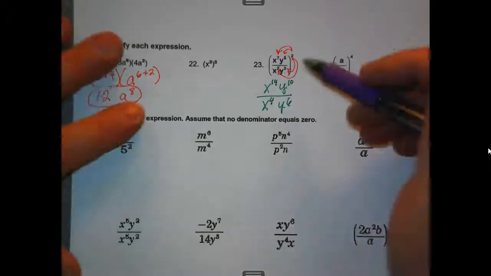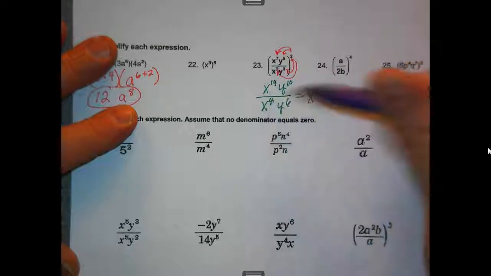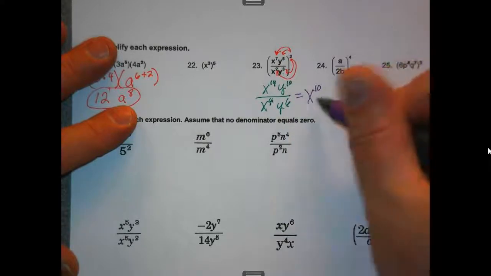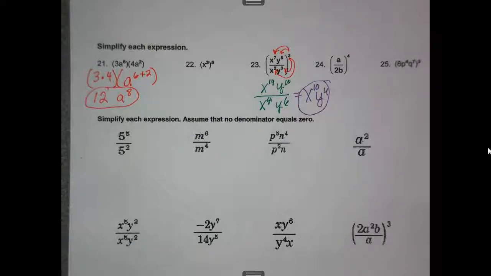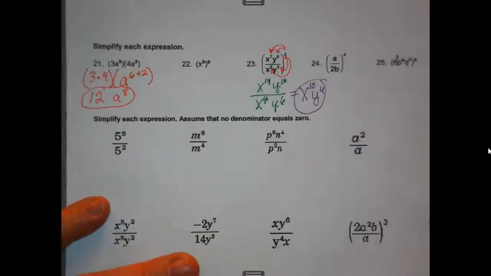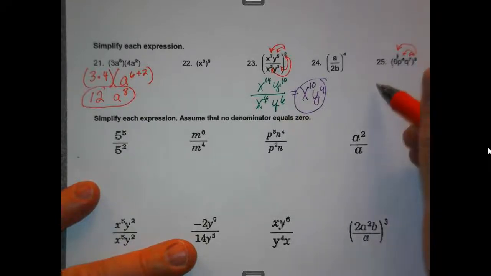Subtract the exponents. X to the 14 minus 4, x to the 10th, y to the 10 minus 6, y to the 4th. If there's no exponent there, it's a 1. So I have to multiply every exponent because it's outside parentheses. 6 to the 1 times 3, 6 cubed.